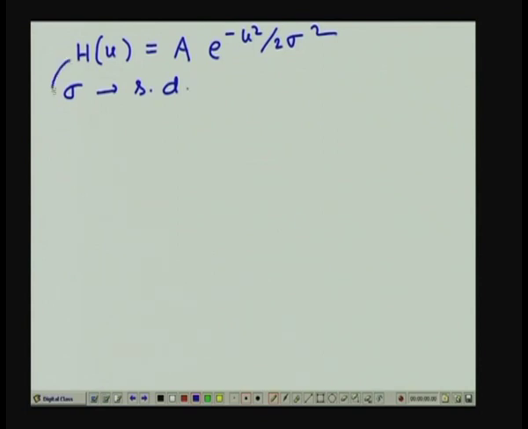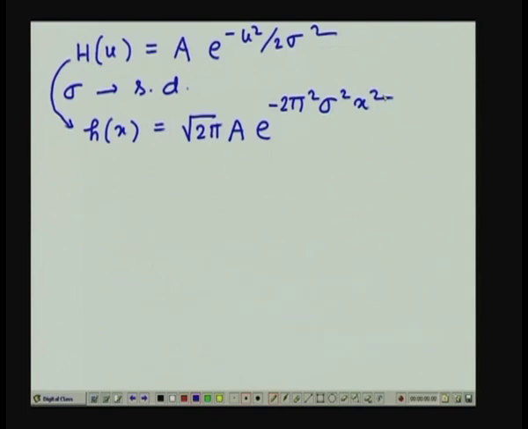And if I take the inverse Fourier transform of this, then the corresponding filter in the spatial domain will be given by H(x) = √(2π) a e^(-2π²σ²x²).